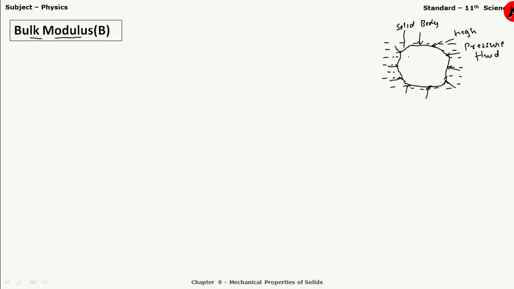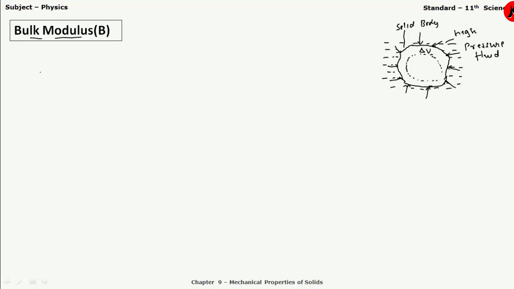The size of the solid body is going to decrease. The volume of the solid body is going to decrease by delta V. Delta V is nothing but the decrease in the volume of a body when it is placed in high pressure fluid.